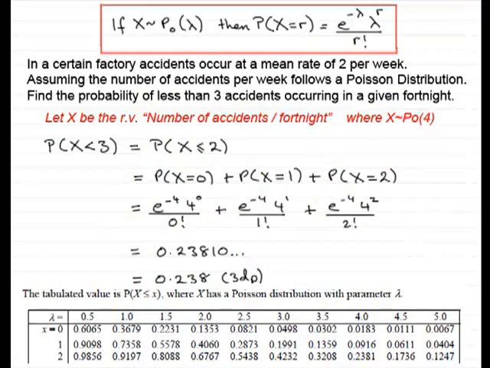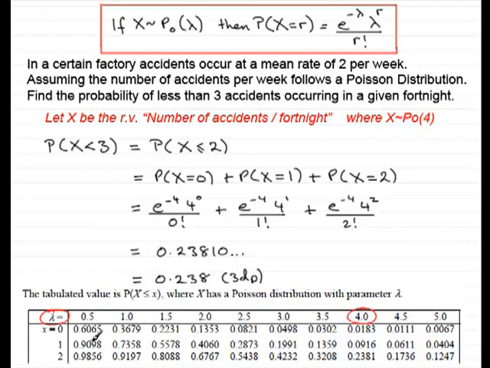Here we have a section of the tables, where we've got lambda at the top, with the various values of lambda across, and the various values of x down here. For this particular problem we've got lambda equals 4, and if we were doing this from the tables we can easily see the answer, because we wanted the probability that X is less than or equal to 2.